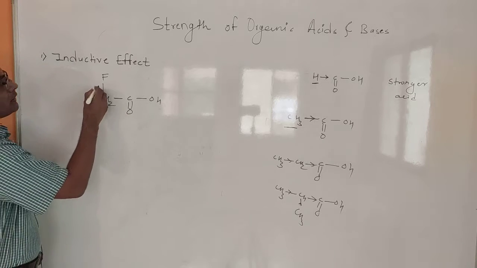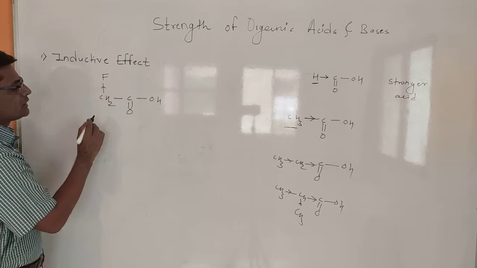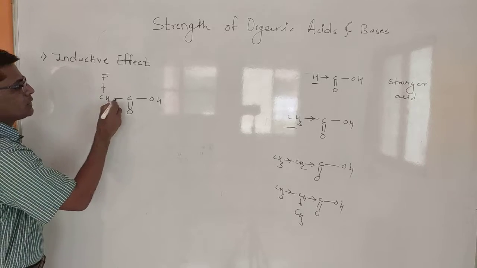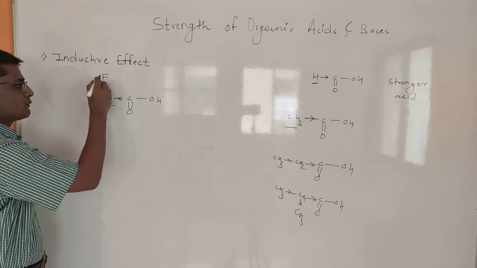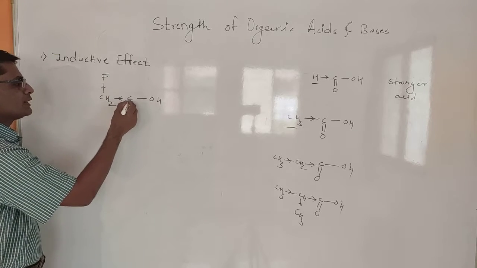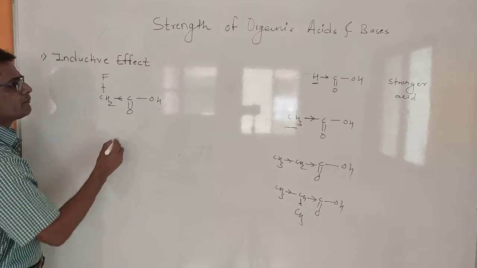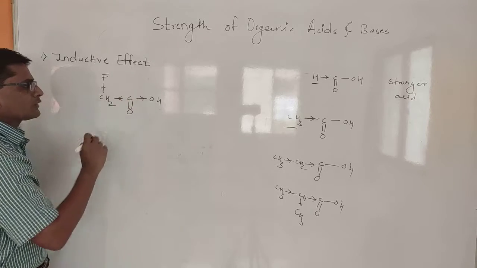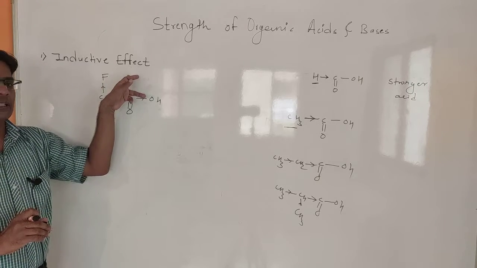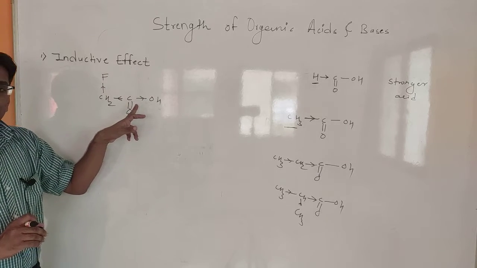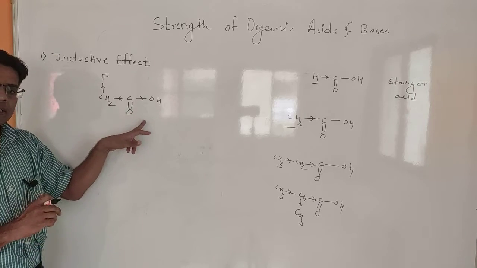Due to the electronegativity of fluorine, it withdraws the electron toward it. So the flow of electrons from this CH2 is toward fluorine, as well as from the carbonyl center. This can also withdraw the electron, but due to high electronegativity, the effect of fluorine is stronger. That's why electron density at the carboxyl center decreases.